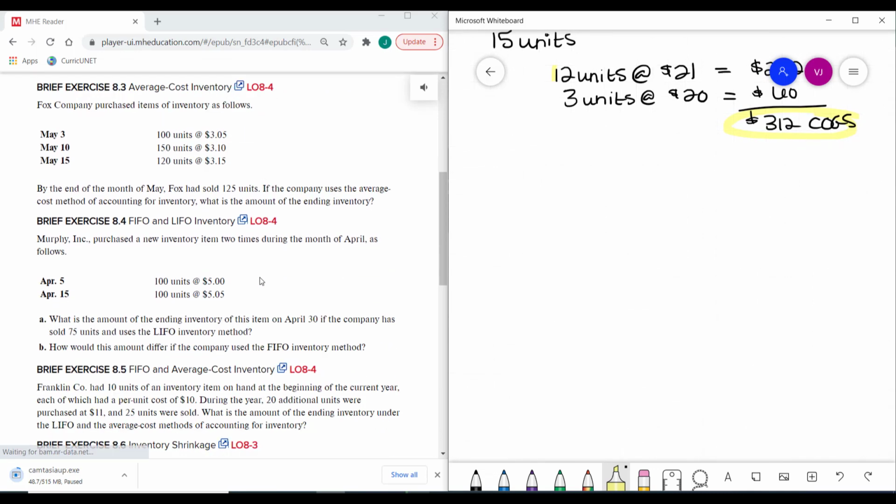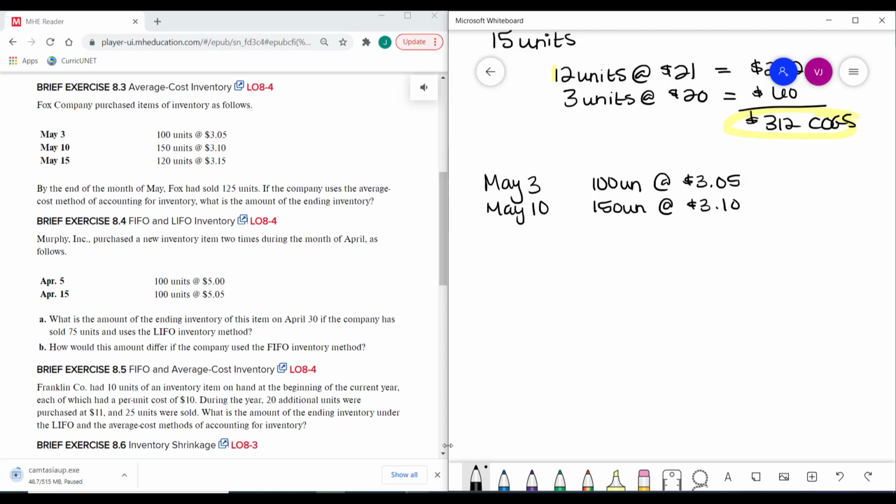We'll move on to 8.3. Fox Company purchased items of inventory as follows. So we have May 3rd, purchased 100 units at $3.05. May 10th, purchased 150 units at $3.10.